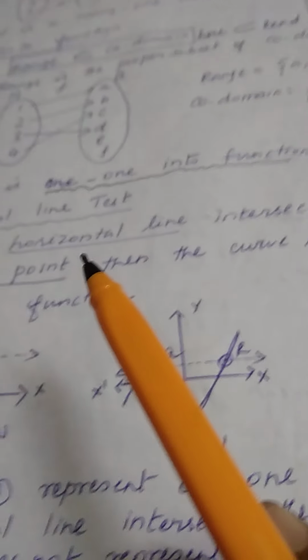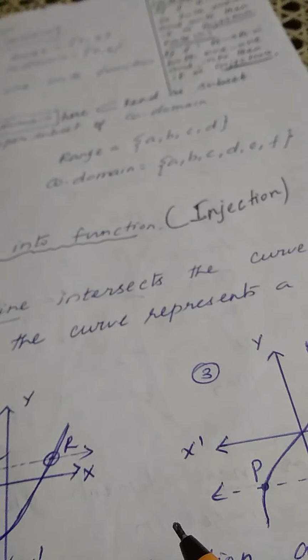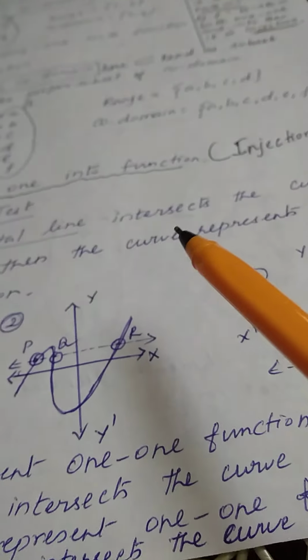So, we will read the horizontal line test. If every horizontal line intersects the curve at most at one point, then the curve represents a one-to-one function.